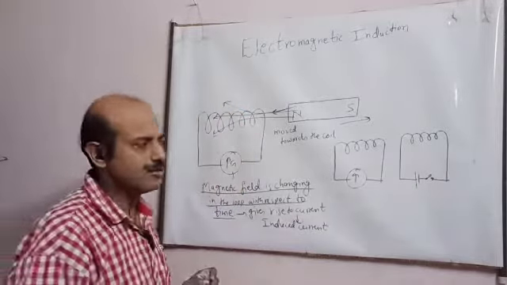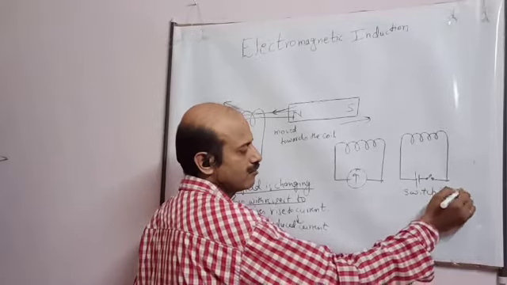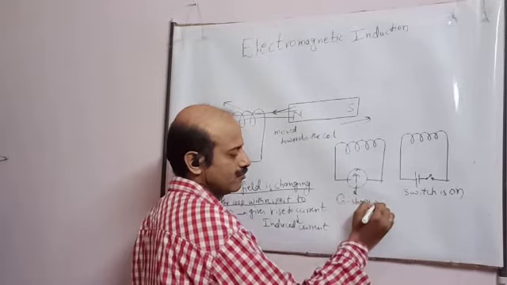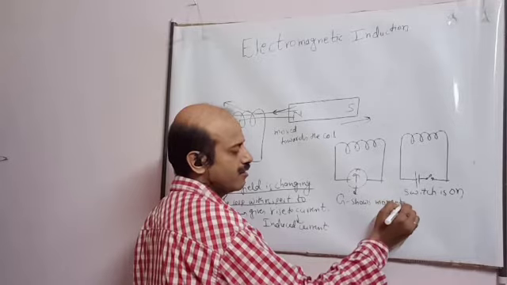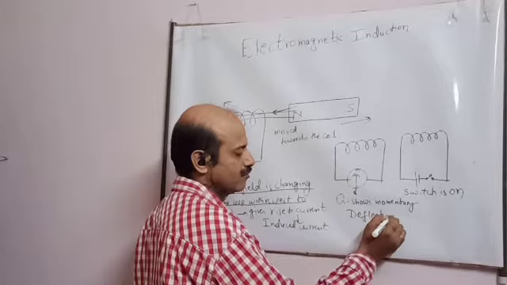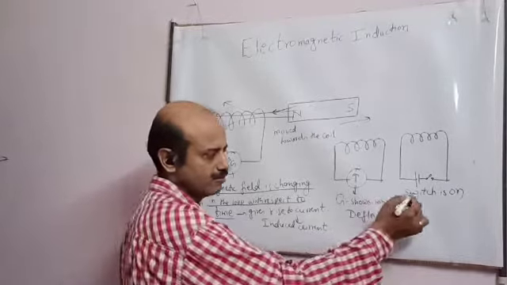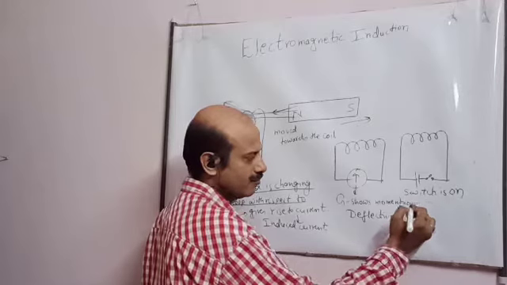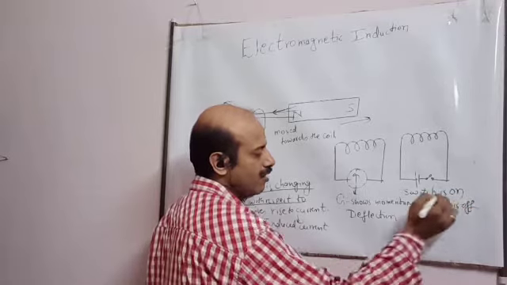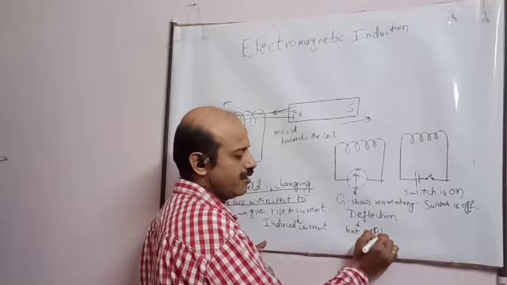What is observed is, as soon as this switch is on, this galvanometer shows momentary deflection. Similarly, when the switch is off, again it shows momentary deflection, but in the opposite direction.